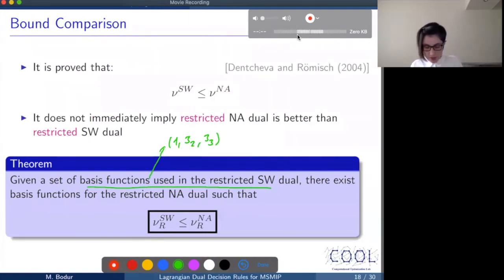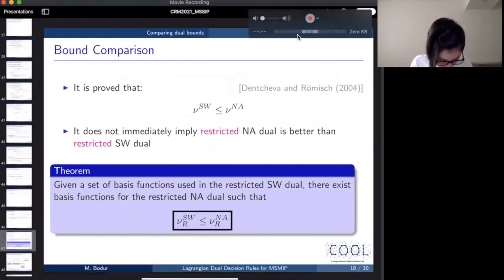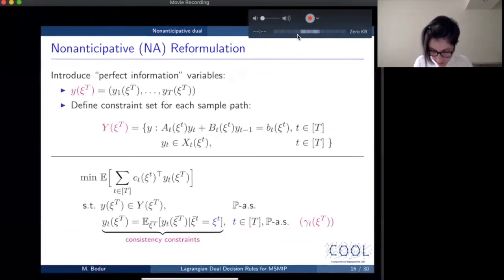Exactly. So what you do is, if you give me these basis functions for, let's say, the stage-wise, then we just have an addition to those. Let me find the model maybe somewhere. So we are taking those basis functions and creating some mapping of them based on these matrices.